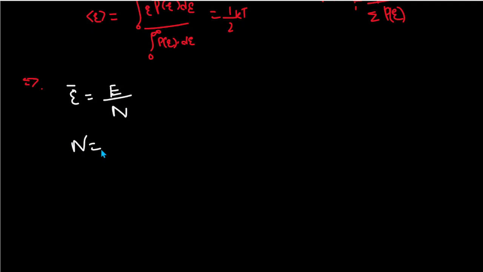The number of Planck oscillators n is equal to n0 plus n1 plus n2 plus n3, and so on. So this is the total number of the Planck oscillators: n0, n1, n2, n3, and so on.